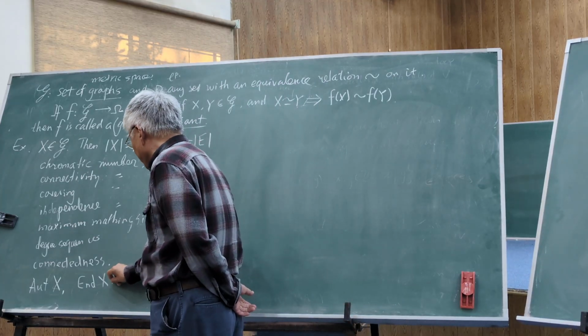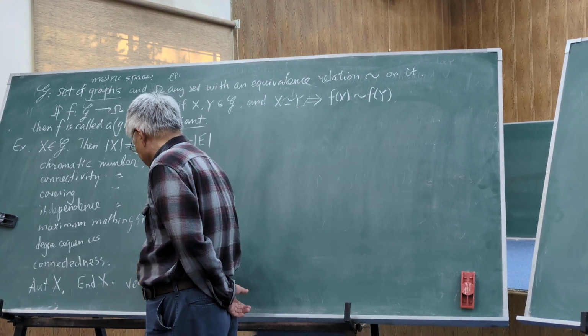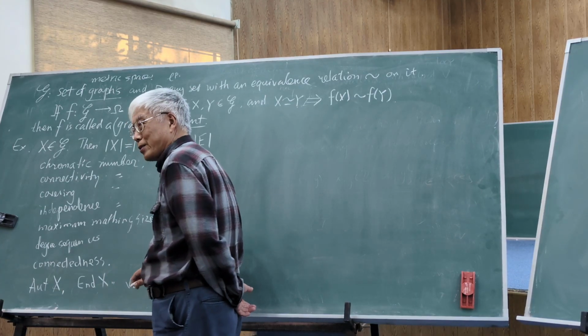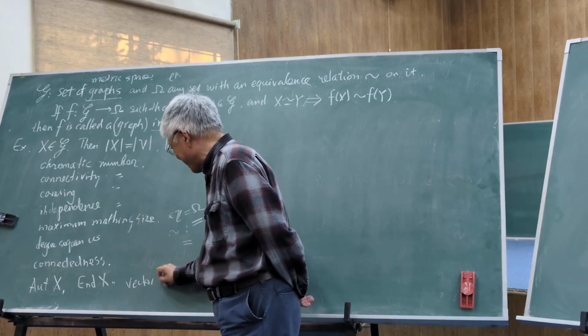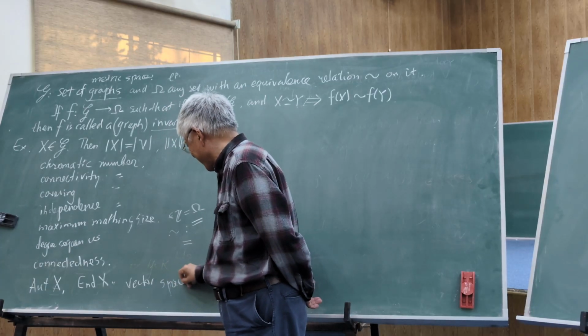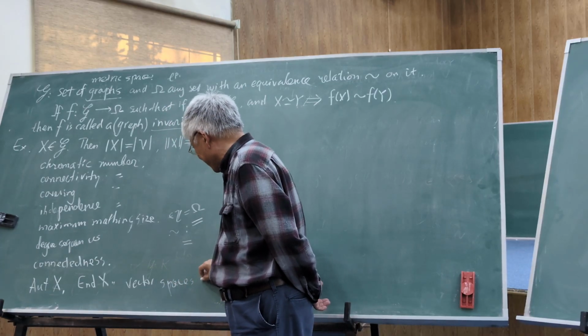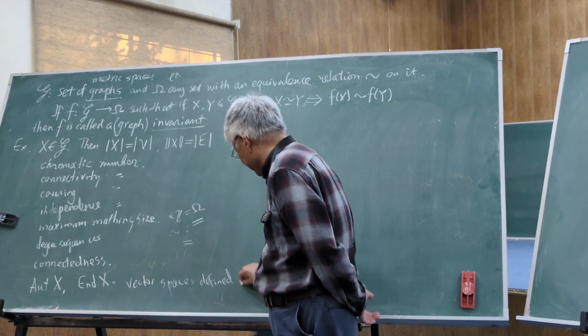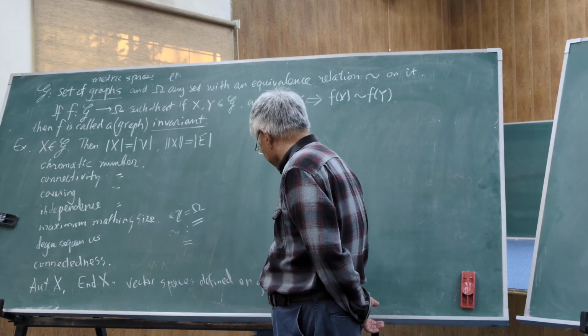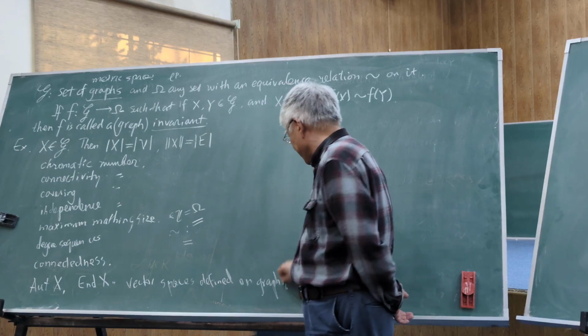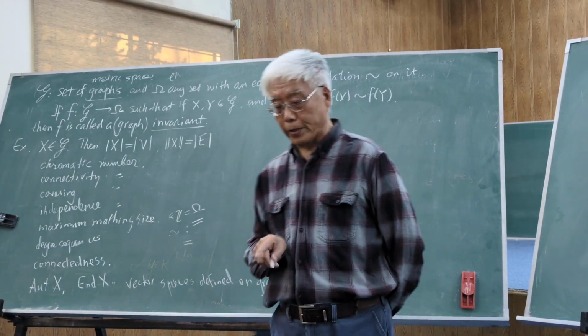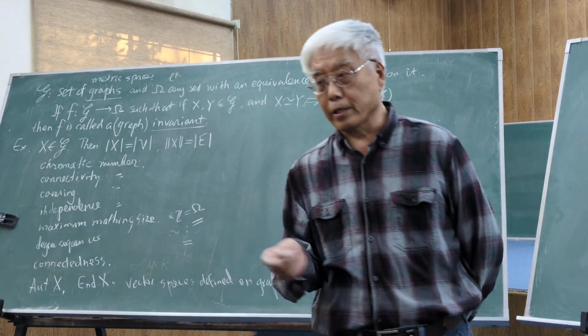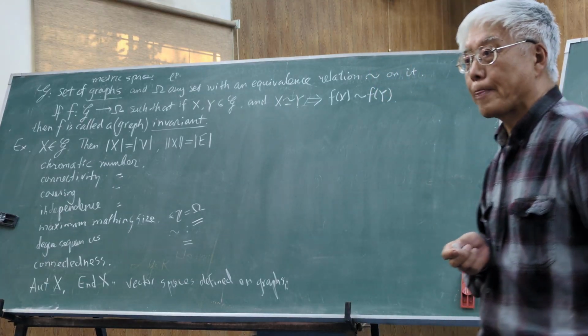Spaces defined on graphs, vector spaces. Have you seen any of these examples in your graph courses? For example, one space is called the cycle space, another space is called the co-cycle space.